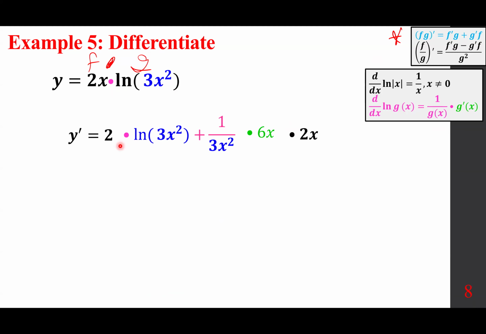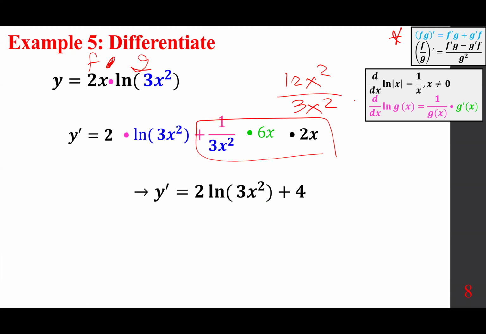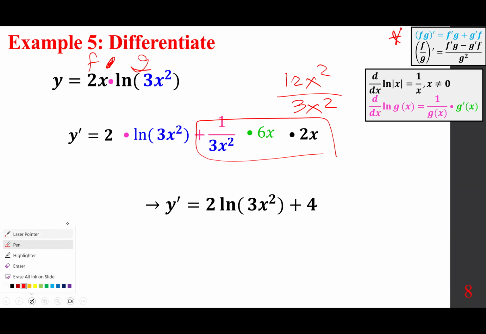So what do we have here? 2 ln of 3x squared. What do we have here? 12x squared over 3x squared, which is 4. So the final answer, y prime is 2 ln of 3x squared plus 4.